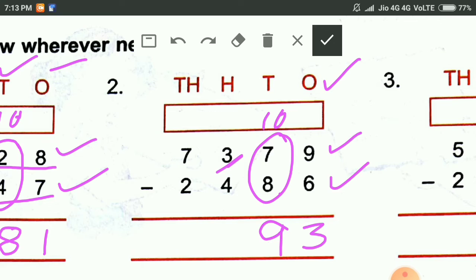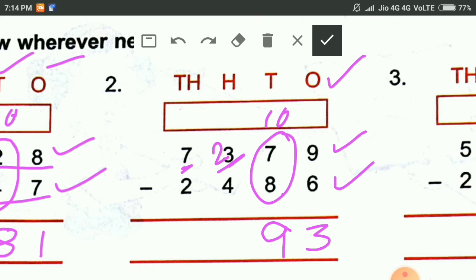Then it is 2 here, and you can't subtract 4 from 2. So we'll borrow from here, and this is 10 plus 2, 12. 12 minus 4, 8. Then 6 is here, 6 minus 2, 4.